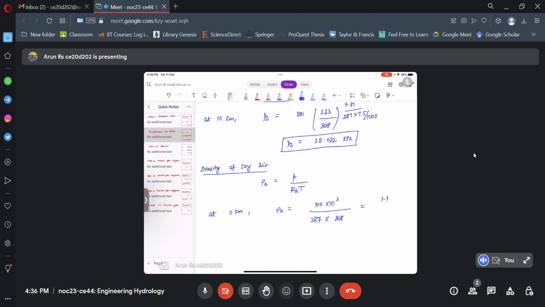So this will be equal to 1.131 kg per meter cube.